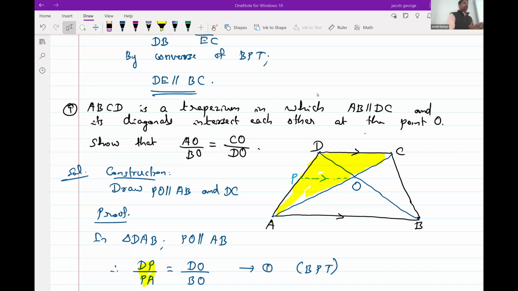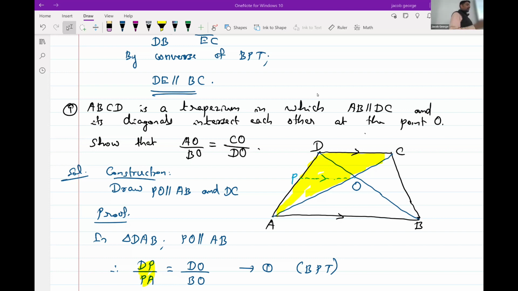Then diagonals AC and BD are joined, and we have to prove that AO by BO is equal to CO by DO. In the bracket of this question, you can write by using BPT, because the same question appears later using similarity criteria.